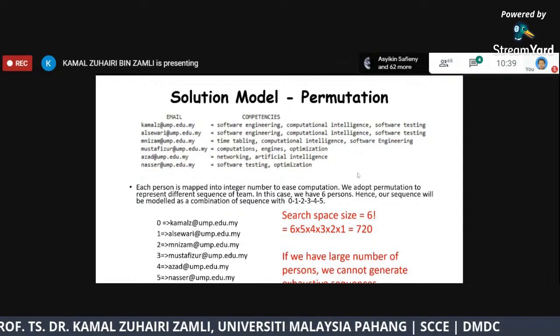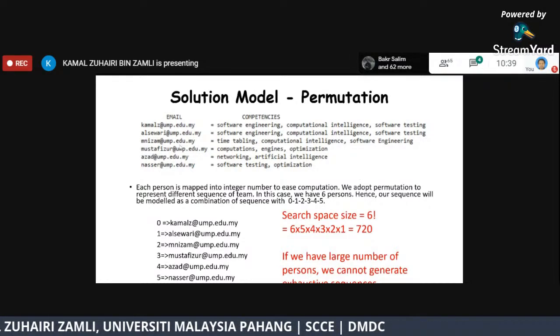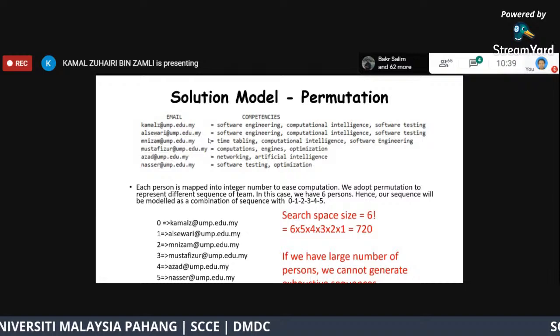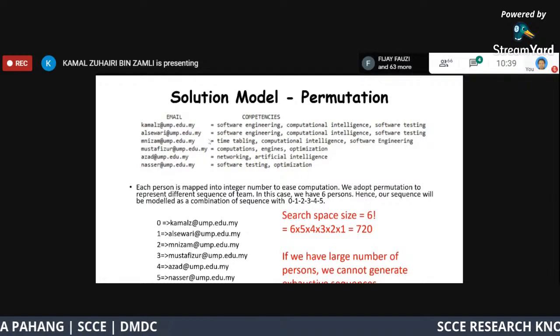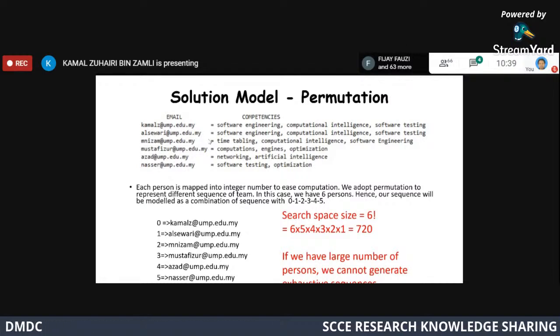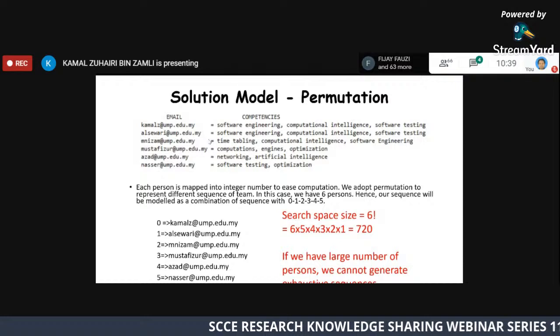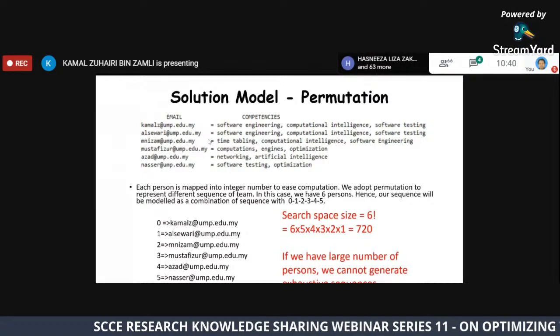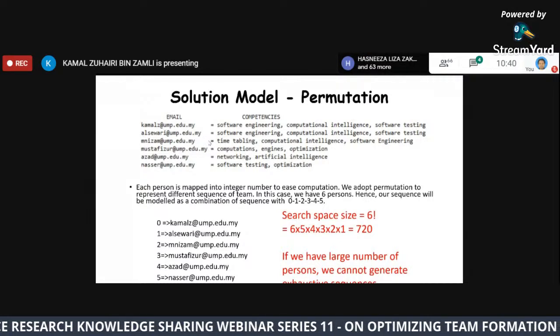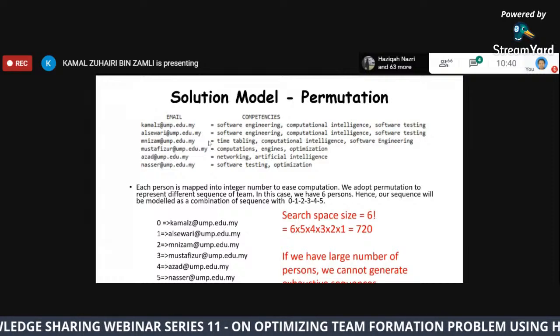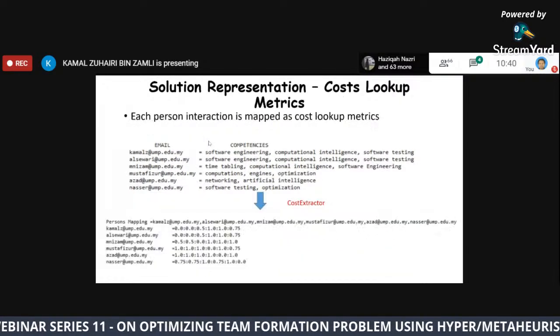So we have to model a sequence, but we cannot make it exhaustive because there will be too many possibilities to consider.